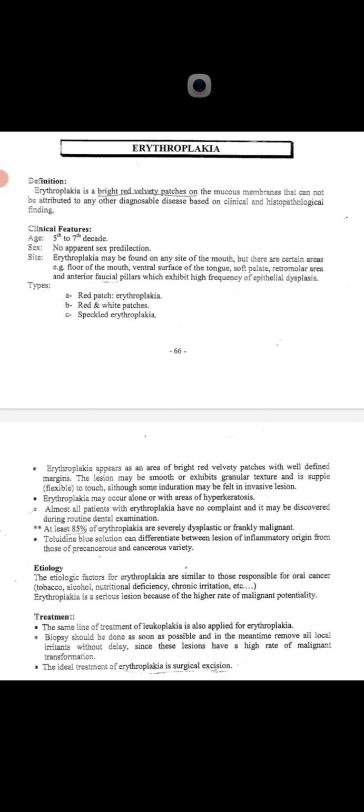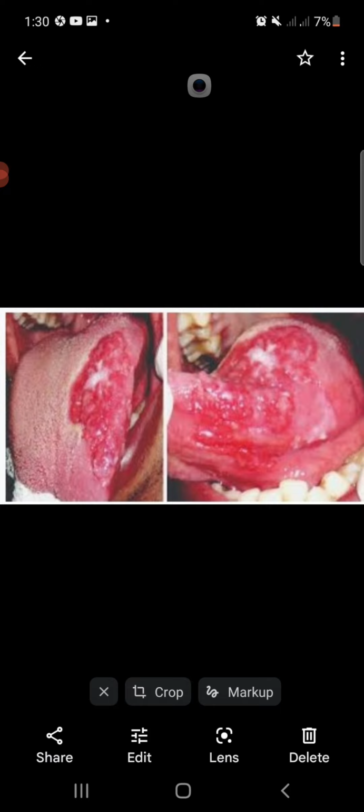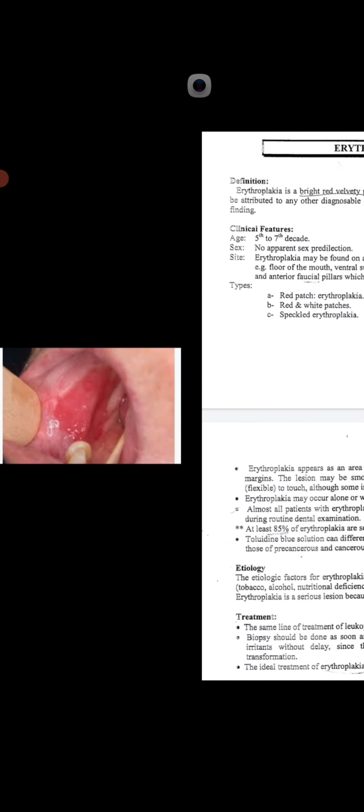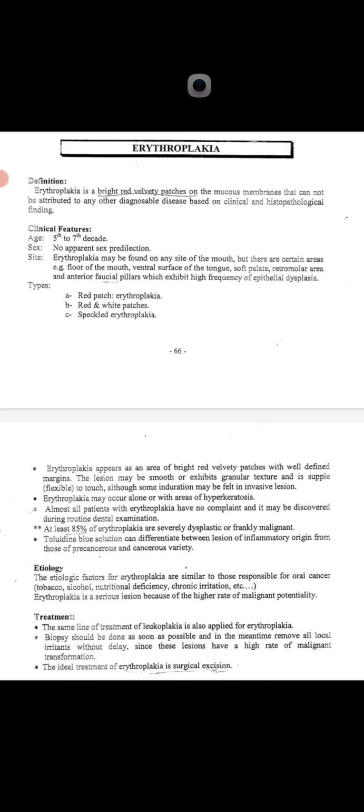Erythroplakia appears as an area of bright red velvety patches with a well-defined margin. Look here, there is a well-defined margin and velvety appearance, like velvet cloth. The lesion may be smooth or exhibit a granular texture.